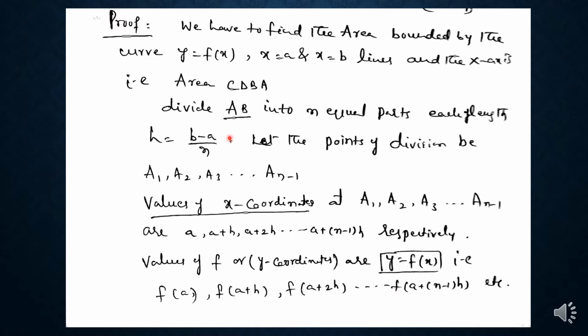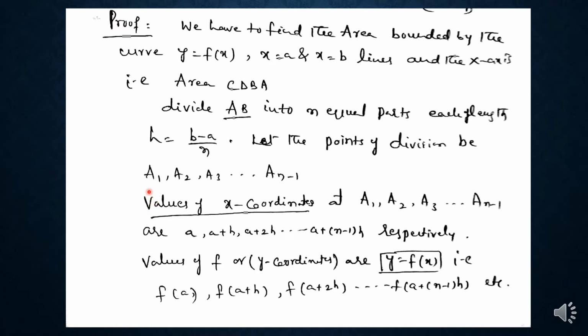Divide AB or CD into n equal parts, and each length is h = (b - a)/n, because the length of CD is b - a. So let the points of division be a1, a2, a3, up to a(n-1). These are the n parts.